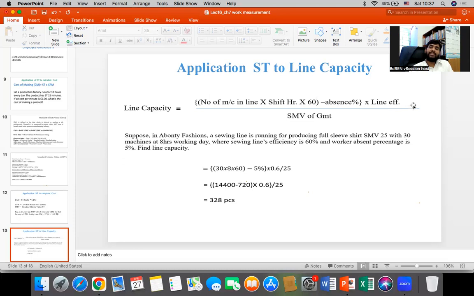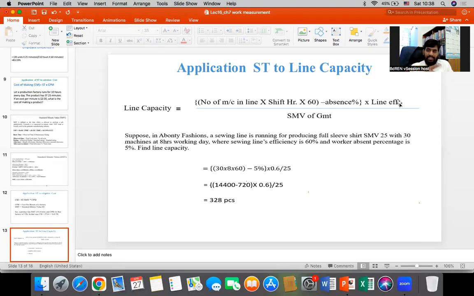Line efficiency means, just like every worker, every production floor can be rated. What is the rating of this floor? If there is an assembly line, a production line, what is the rating of the line? I am teaching 3 sections here at NSU.